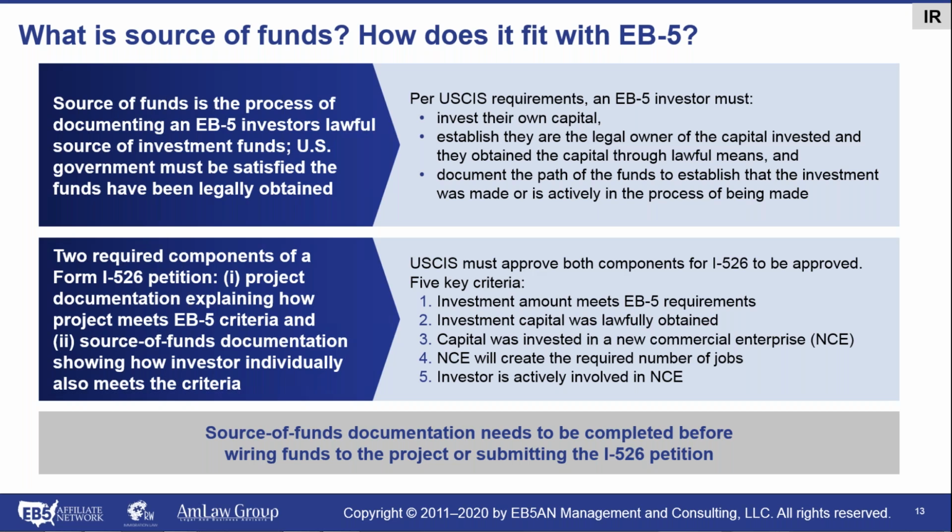Typical sources, at least from our experience, the most common sources of funds would be dividends from proprietary businesses of our clients. The majority of our clients are business owners. They have their own business, and in the majority of the cases we've done, they use income dividends from their business for the EB-5 investment.